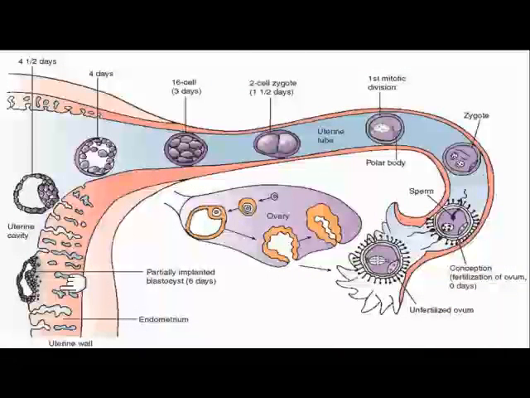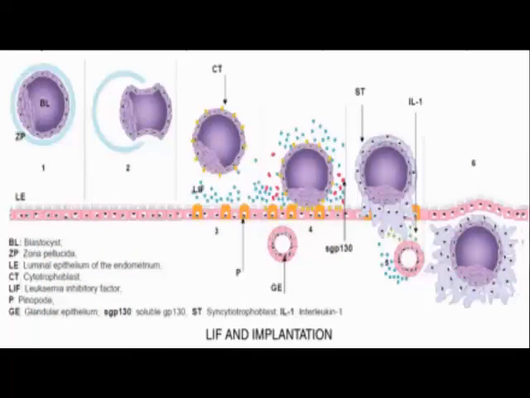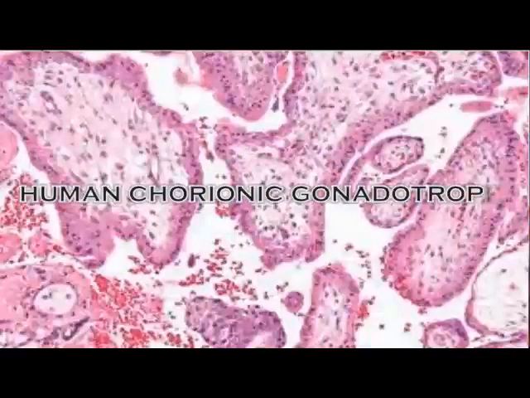Alternatively, the loss of the corpus luteum can be prevented by implantation of an embryo. After implantation, human embryos produce human chorionic gonadotropin, or HCG.